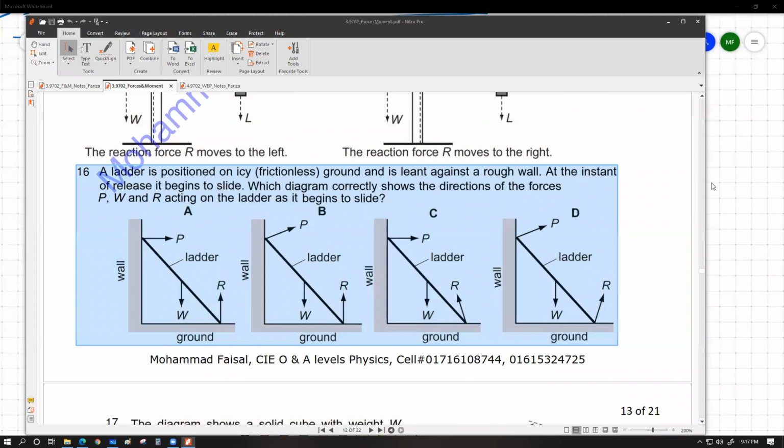Which one do you think is the correct response? পড়ো, কোশ্চেনটা পড়ো। B হবে। B is the correct response. Now, do you understand why?